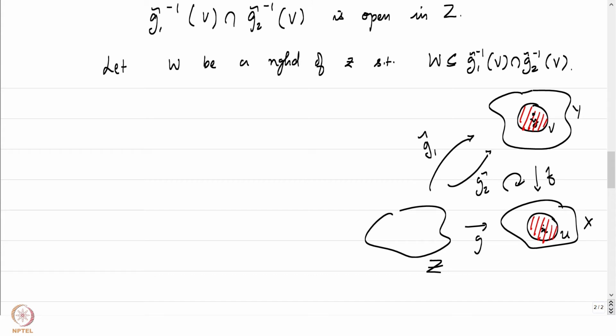If you pull back G1 tilde inverse of V, we end up with some set like this, and so this is going to be under G. So let me just map this with purple, and let me use blue to capture G2 tilde.